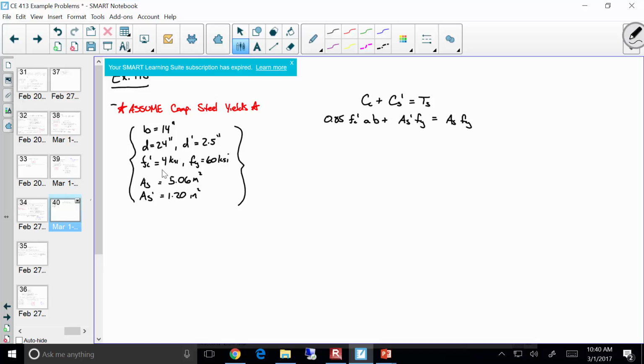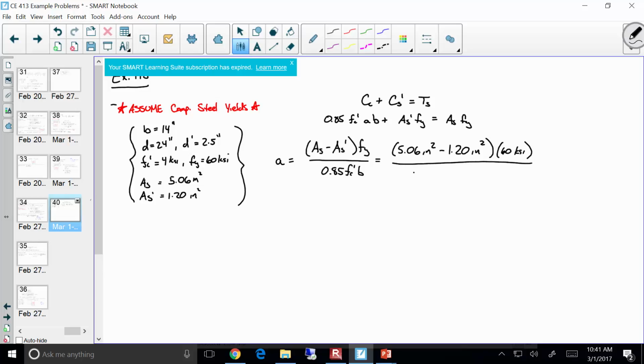Just like last time, we're going to solve for a as A S minus A S prime, in parentheses, times f y, over 0.85 f c prime b, which is 5.06 minus 1.20, times 60 KSI, over 0.85, 4 KSI, 14 inches. What do we get?